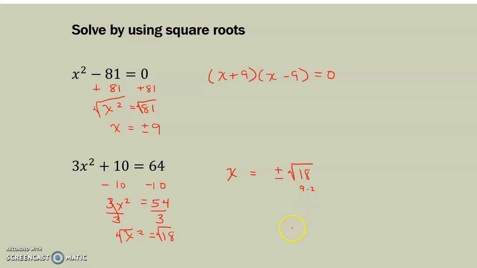It's 9 times 2. So I can take the square root of 9. So I have positive or negative, the square root of 9 is 3, and then I'm left with a root 2 inside. So 3 root 2. Positive 3 root 2 and negative 3 root 2 are my two solutions.